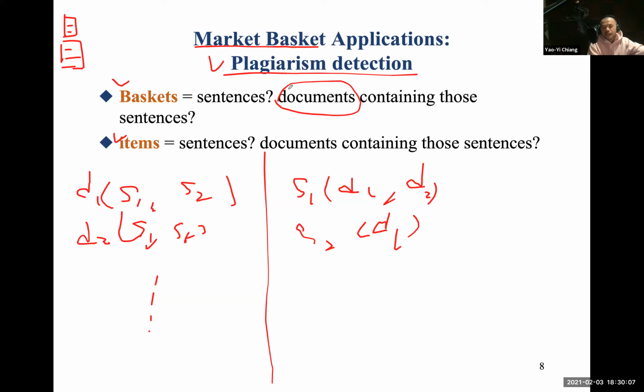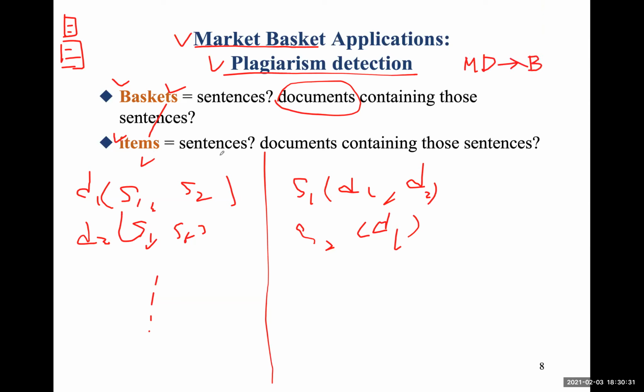Awesome. Remember our market basket algorithms, we say we are looking for a relationship between what? Between baskets or between item and baskets or between items? Anybody? Remember that milk, diaper implies beer. This is relationship between what? Items. Between items.